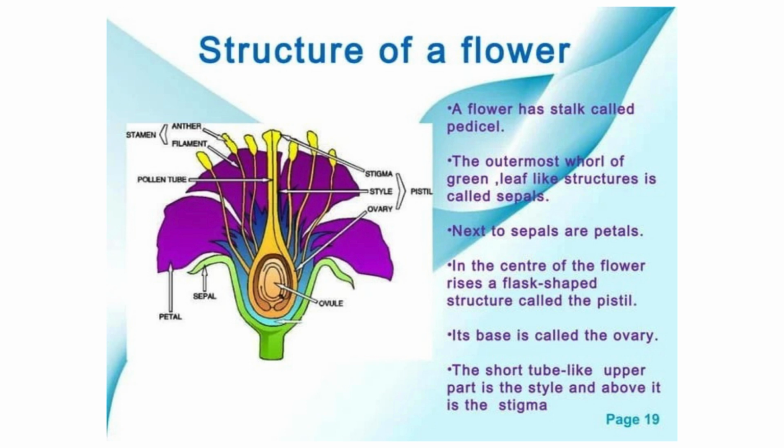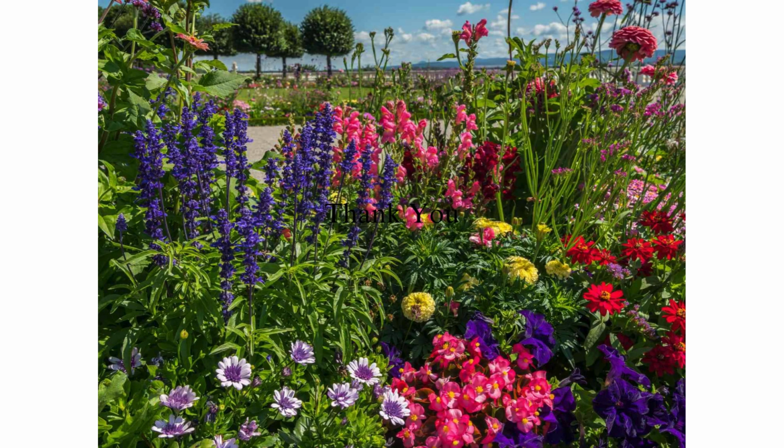The short tube-like upper part is the style and above it is the stigma. If you look around at different kinds of flowers, you will see that the structure of a flower is not always the same. The number of sepals, petals, stamens and pistils may also be different in different flowers. Sometimes some of these parts may even be absent.